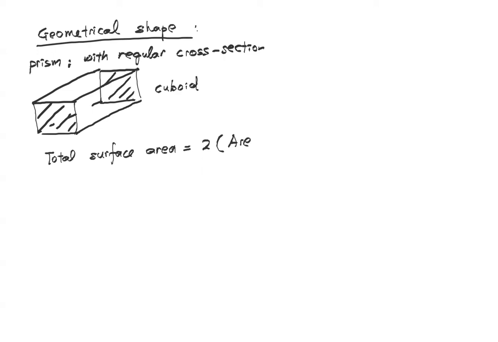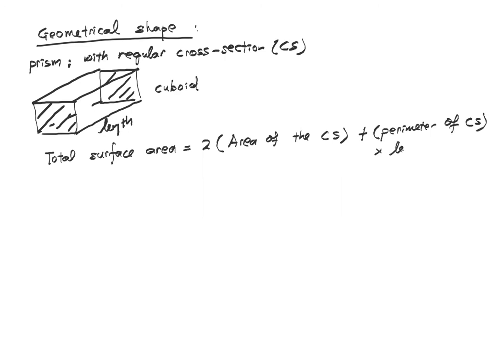So it will be 2 times the area of the cross section. Can I just write cross section as CS? Plus the perimeter of the cross section times the length. So you will get all the surfaces. Okay?